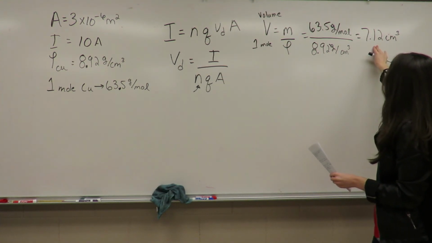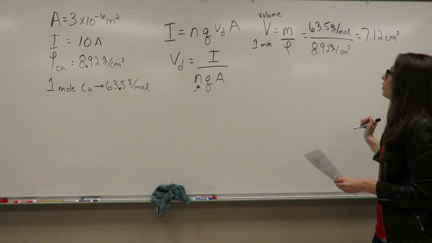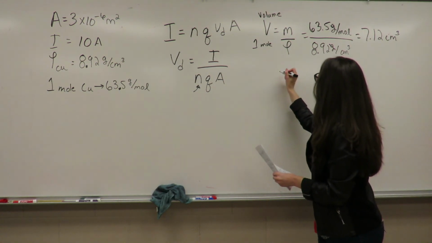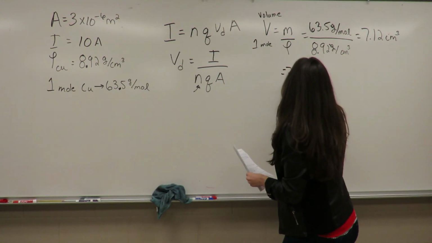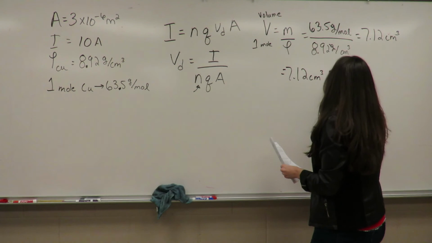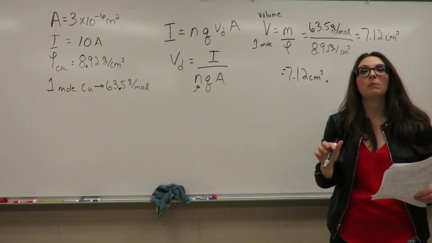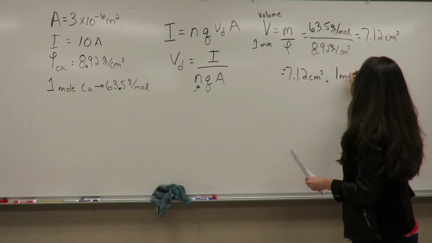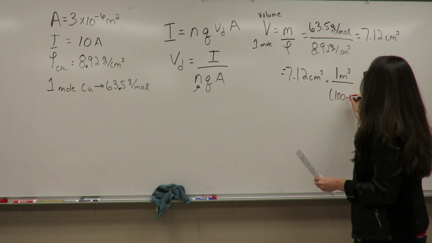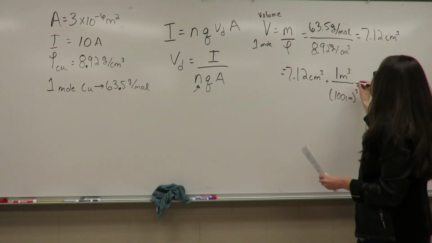So we got to change our centimeters cubed to meters cubed, all right? So to do that, I have that 7.12 centimeters cubed. In order to change that from centimeters cubed to meters cubed, I can use a conversion factor. So in 1 meter cubed, I know that there's 100 centimeters cubed, okay?